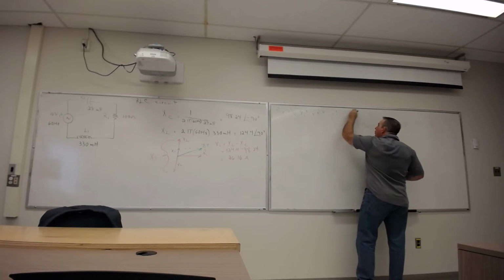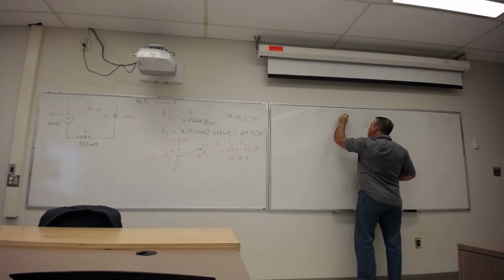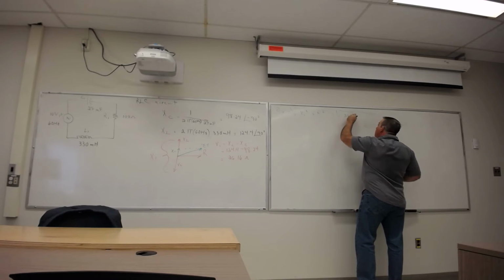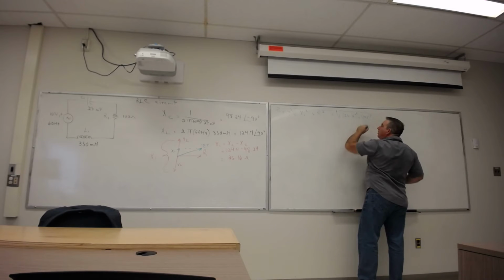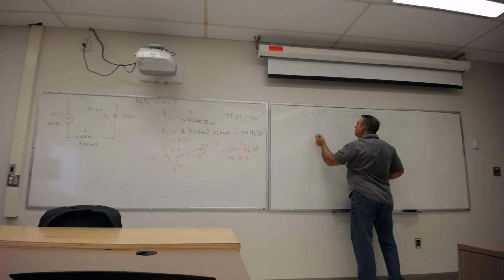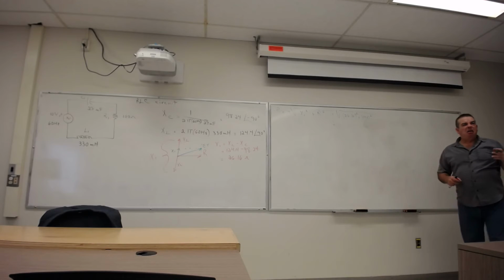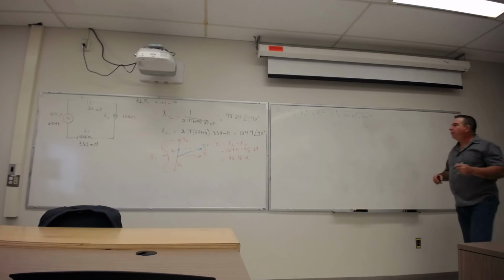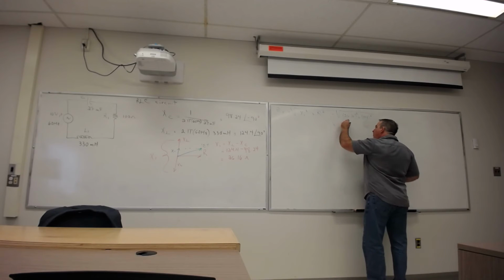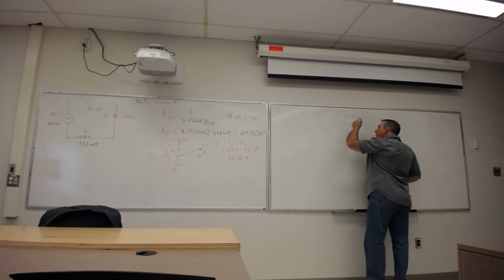X1 is 26.16 squared plus 100 ohms squared, and take the root of that, and I think I get something like 103.4. Okay, so 103.4 ohms.